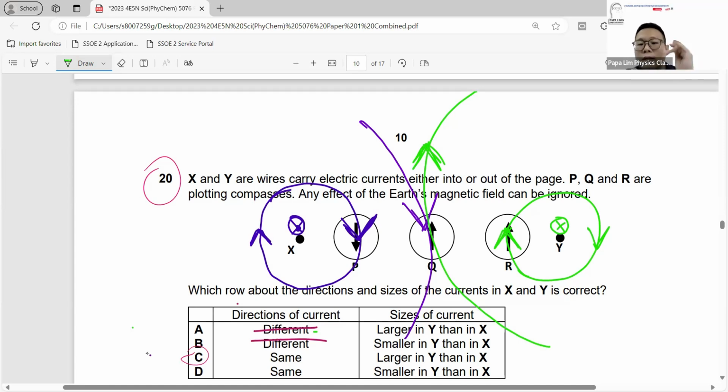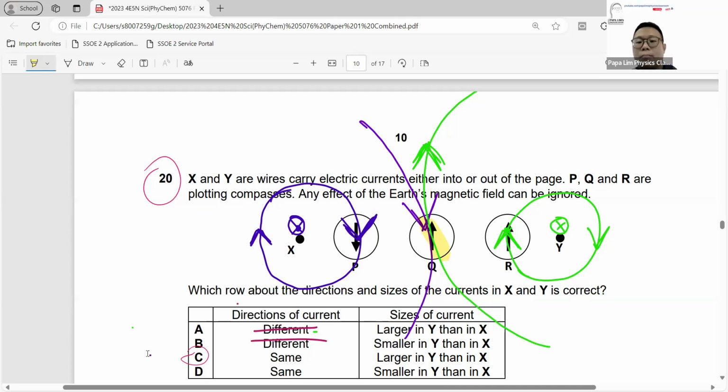And the compass will tell me the final direction of the field line. Based on the compass, the direction at Q is pointing upwards. So the green magnetic field line must be stronger than the purple one, because the final direction is upwards. To be exact, Q's final direction is upwards, which denotes that the magnetic field line by Y, the green one, is stronger than the purple one.